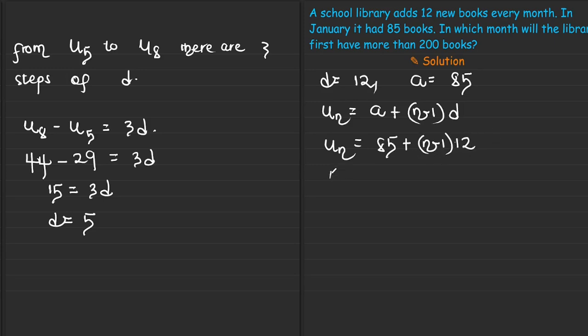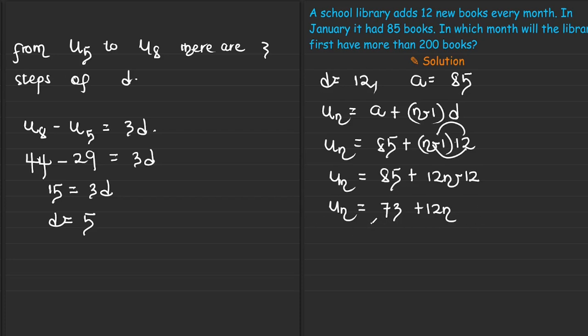If you do want to simplify this, then we have our UN being equal to 85 plus 12n minus 12. 12n from here, that is 12 times n, and then 12 times negative 1 gives us the negative 12 we have over here. Simplifying further, since we have 85 minus 12, we are going to get what? 73 plus 12n. So this is our general formula.